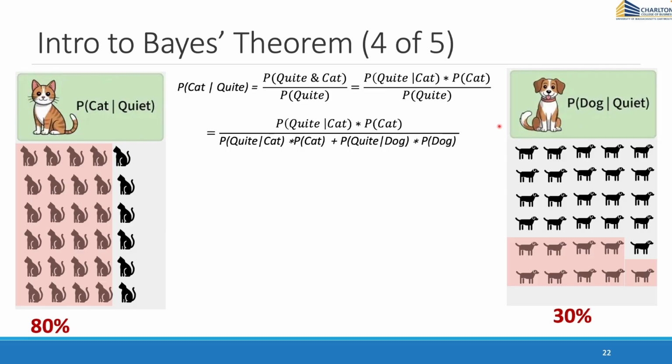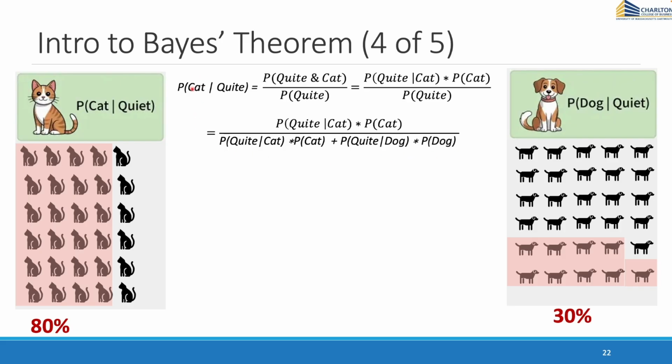So now we can calculate the probability of being cat given that it's quiet by using the multiplication rule and expanding this joint probability. Similarly, we can expand the probability of quiet as we discussed from the previous slide.